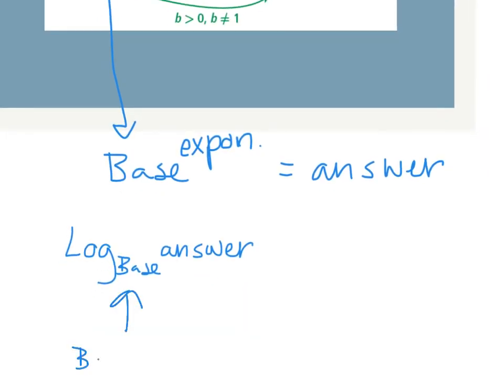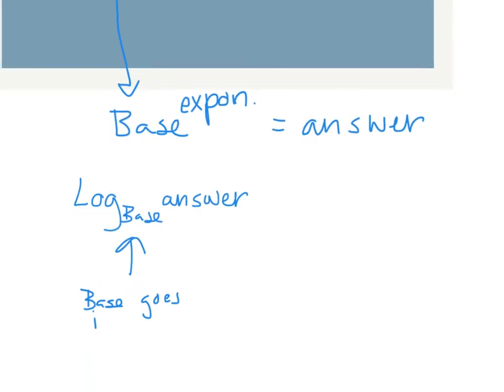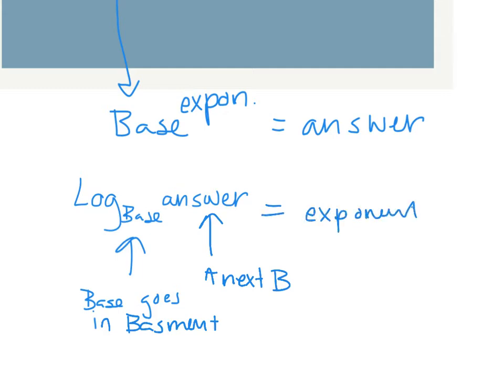Base goes in the basement, the answer, so answer starts with A, goes next to the base, B, so A is next to B. Then we have the equal sign, and then the exponent. So always you're going to have the equal sign and the exponent. Just think E is next to E. Equals is next to the exponent.